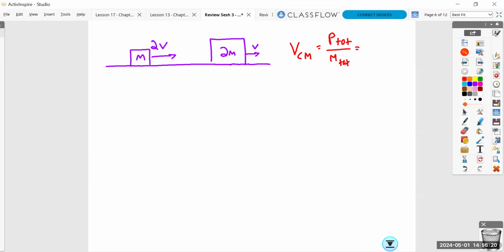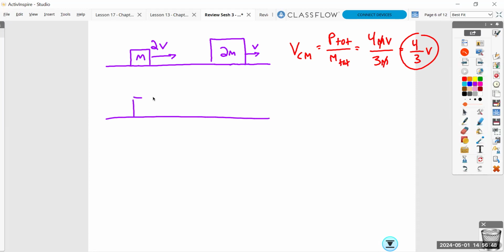The total momentum of our system is 4mv, and the total mass of our system is 3m. So the center of mass velocity of our system is 4/3 v.